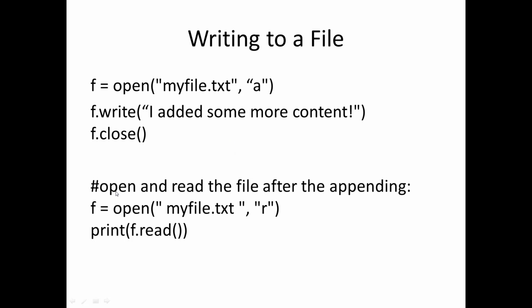So now we're going to open the file with the mode of R because we simply want to read it, and then we're going to use the read method of this file object to get its contents. Those contents now are inside of the parentheses that is for what we're going to print. So this is a nice shorthand way of reading using the read method to get the contents of the file and then printing it in one statement.